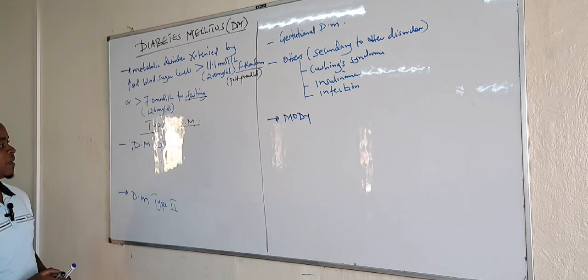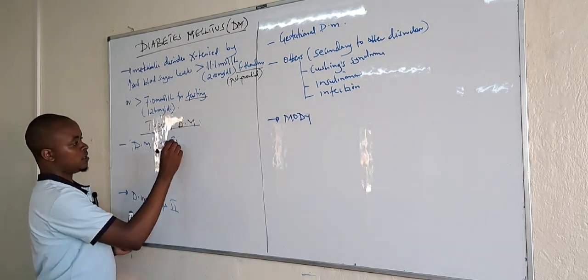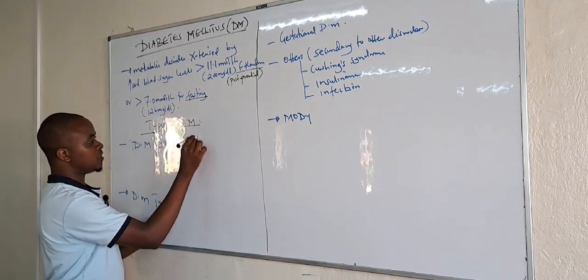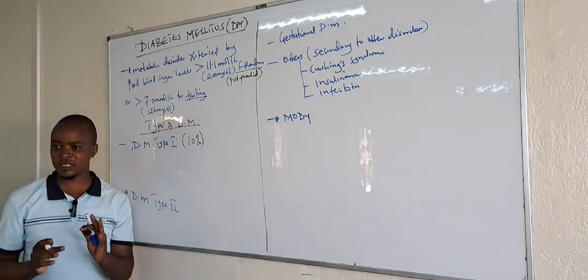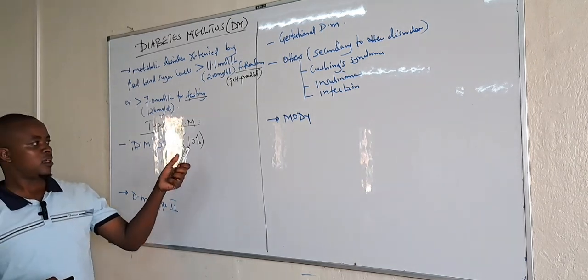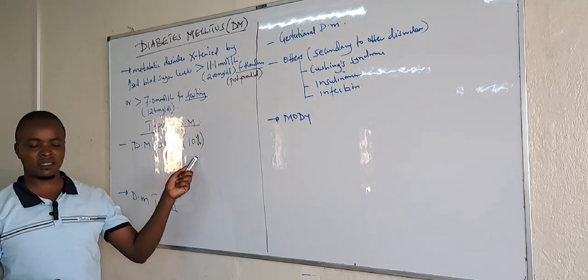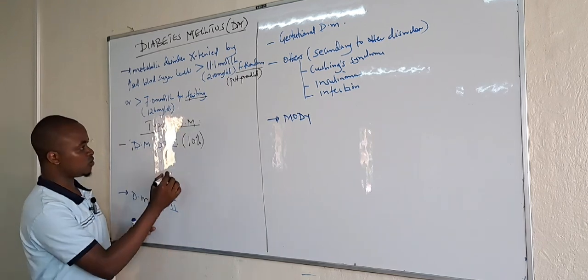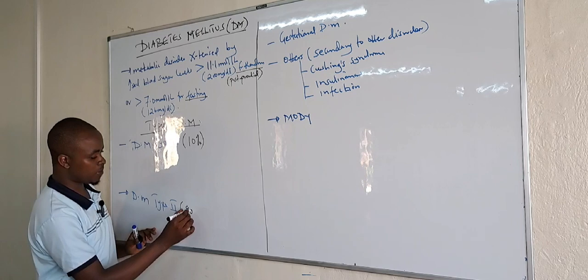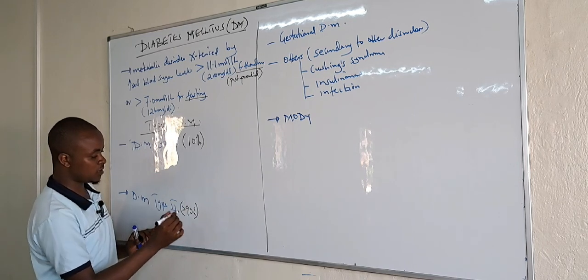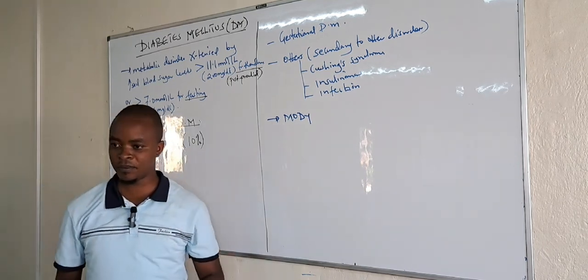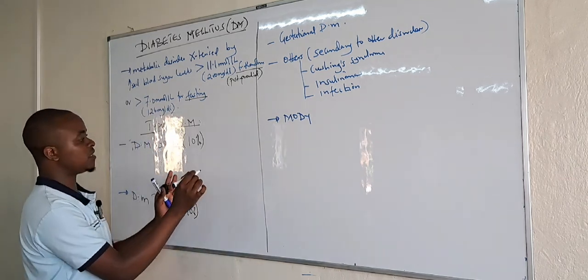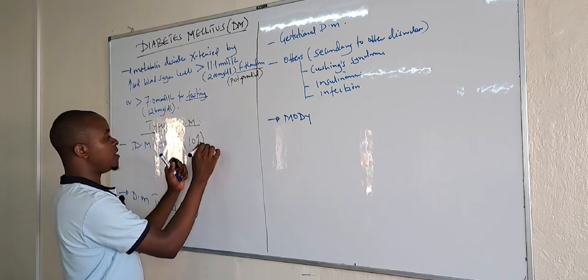As we have said, type 1 diabetes in the population covers 10%. If you have 100 patients, only 10% can suffer from type 1, compared to type 2, whereby almost greater than 90% of the patients have type 2 diabetes. And we say that type 1 diabetes mellitus is insulin dependent.